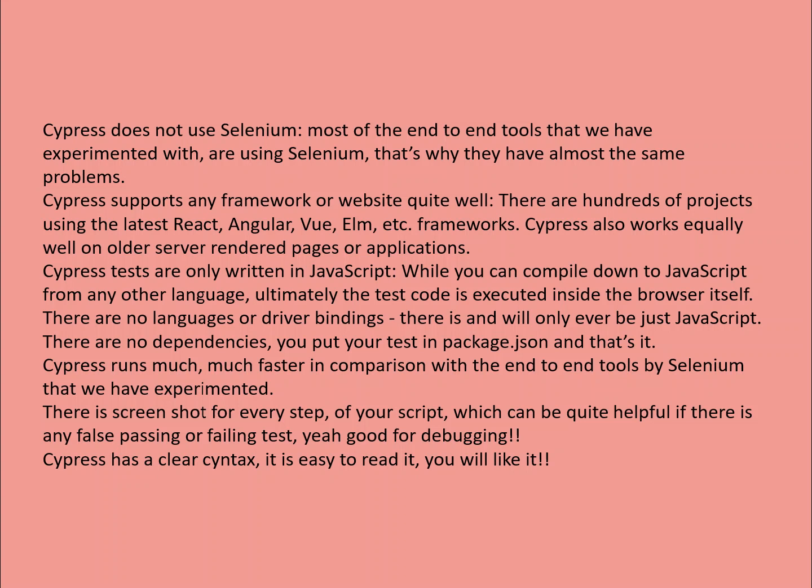Cypress tests are only written in JavaScript, so while you can compile down to JavaScript from any other language, ultimately the test code is executed inside the browser itself. Cypress runs much faster in comparison with the end-to-end tools by Selenium. By default, there is a screenshot for every step of your script, which can be helpful. And Cypress has a clear syntax.